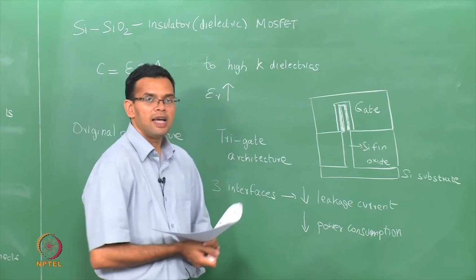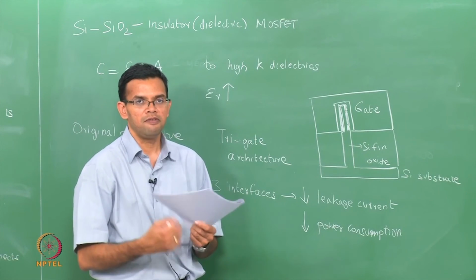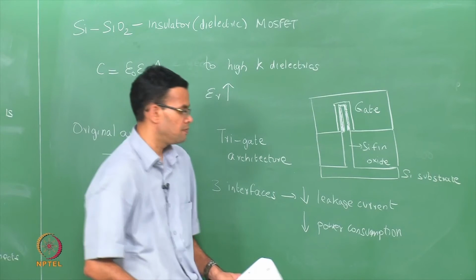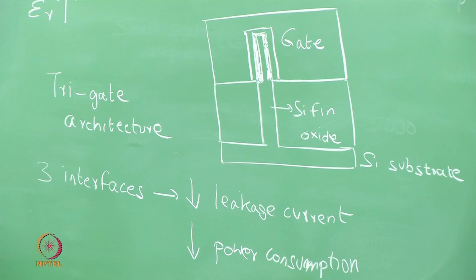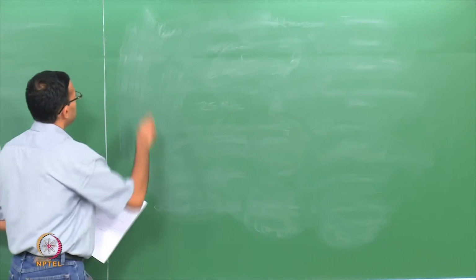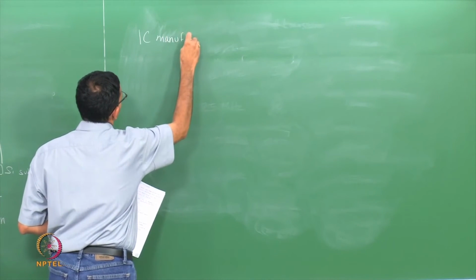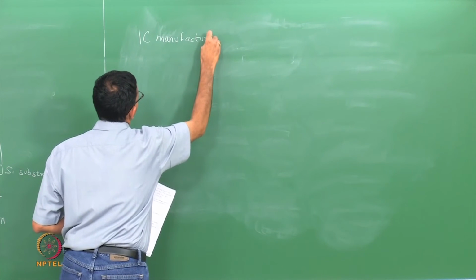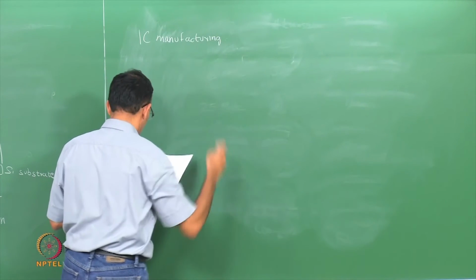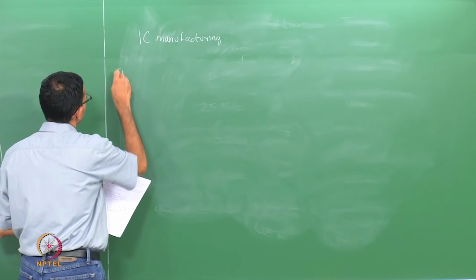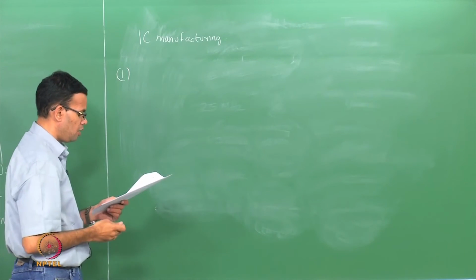So, when we look at IC manufacturing, there are broadly 5 stages we can classify. So, if you look at IC manufacturing, so the first step is to get the silicon material out.